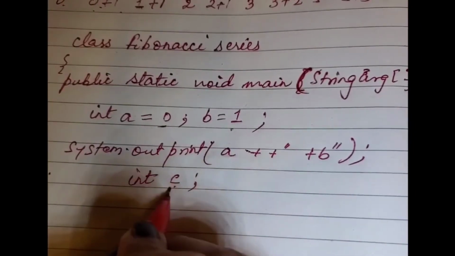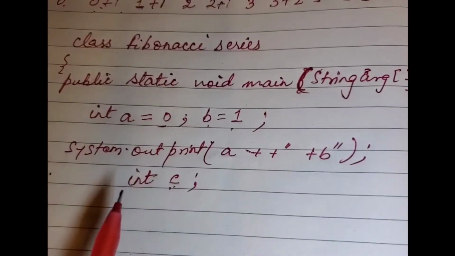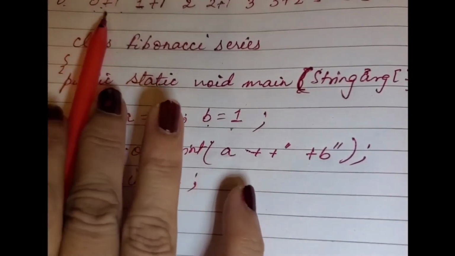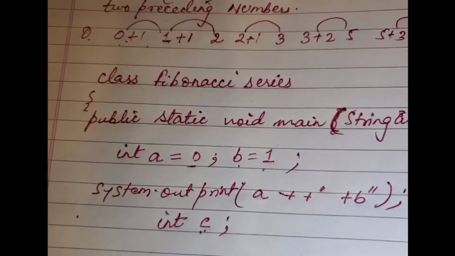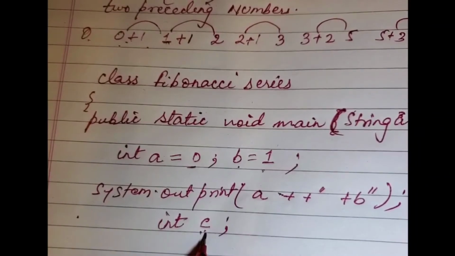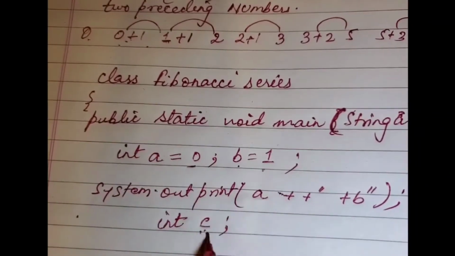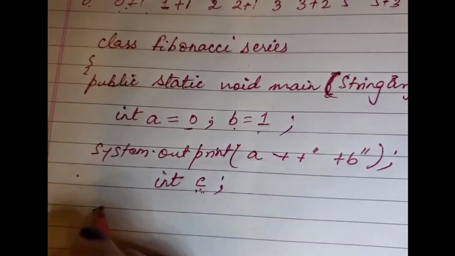What this c will do, this c will hold the addition of a and b. Whenever you are adding the first two digits, as we have seen, the first two digits are 0 plus 1, so c will hold the addition of 0 plus 1. And again then 1 plus 1, again the addition will come, every time. We'll take the for loop for this program.